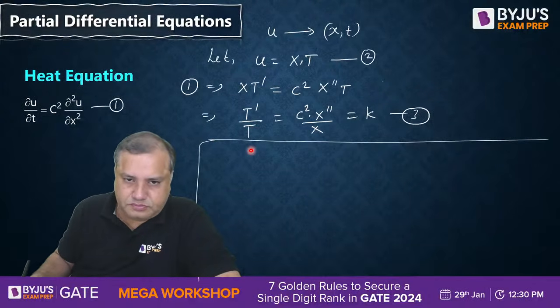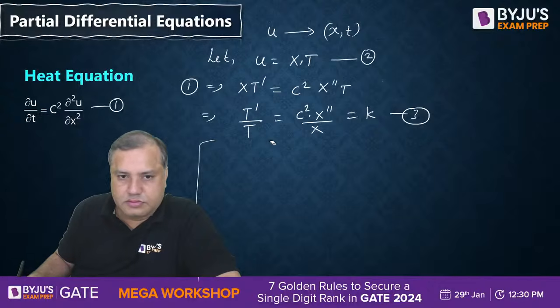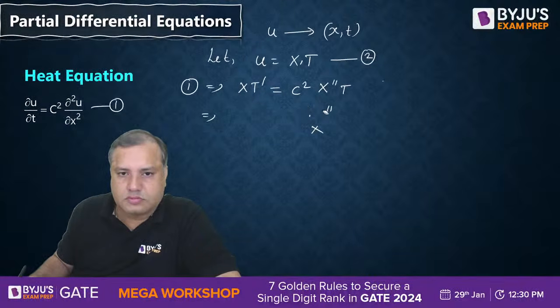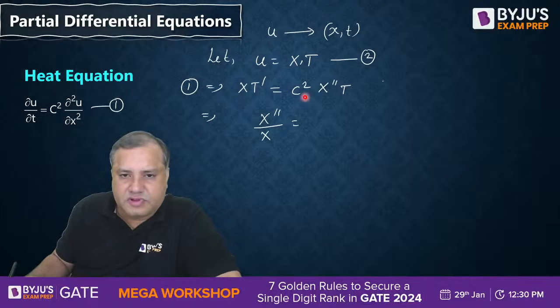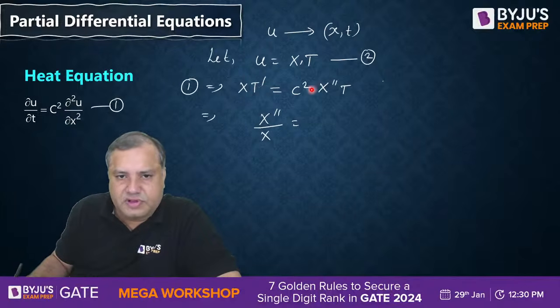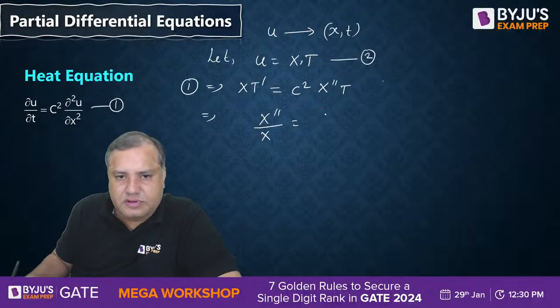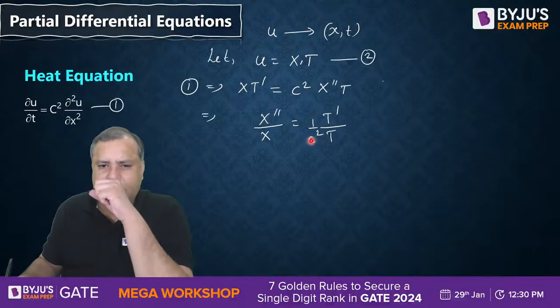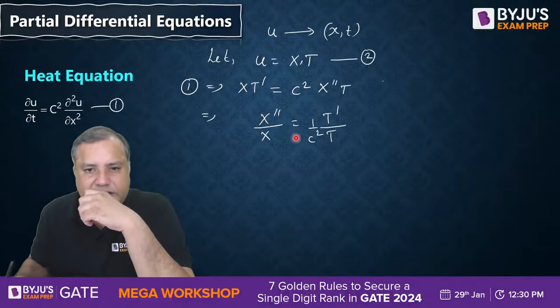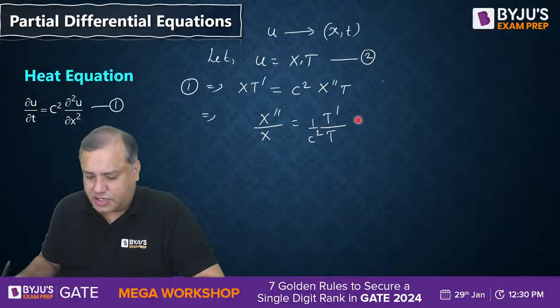See here. Please concentrate. x double dash upon x will be t dash upon t times 1 by c square. Is that clear? And x t, that is also correct, equal to k.